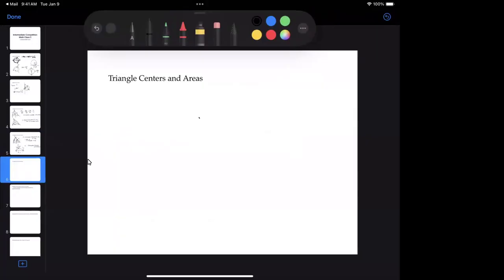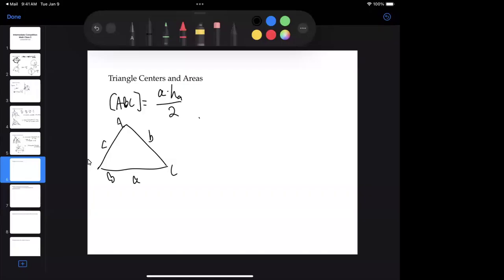So we all know the area of a triangle ABC, with side lengths A, B, C, is equal to the base times the height to A, over 2. So one half base times height.